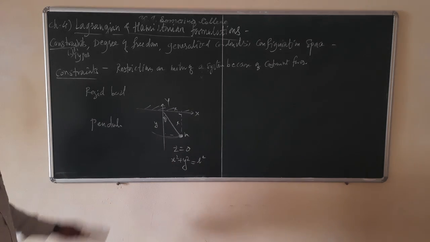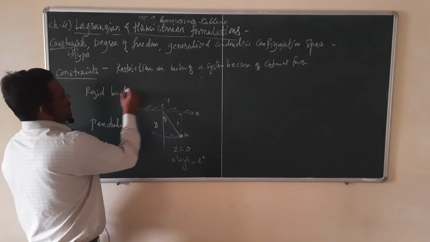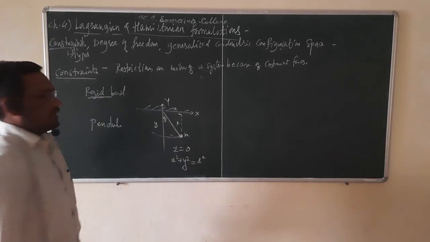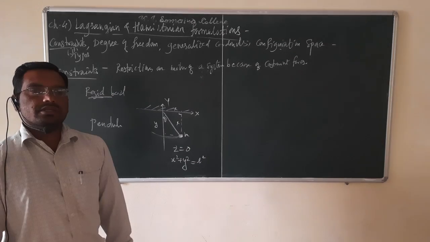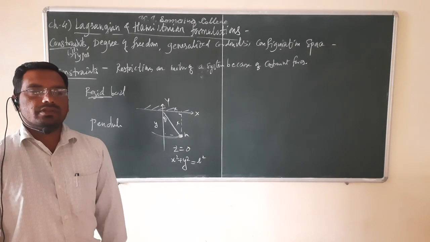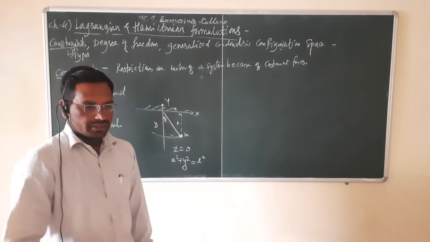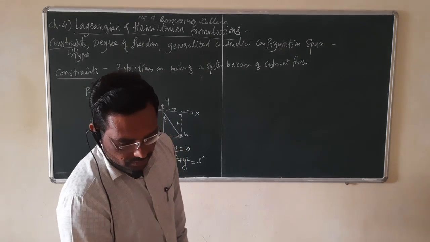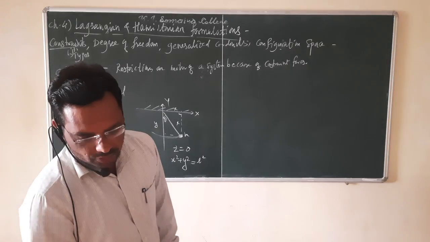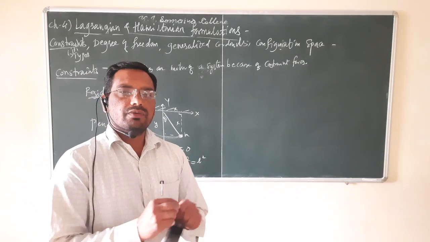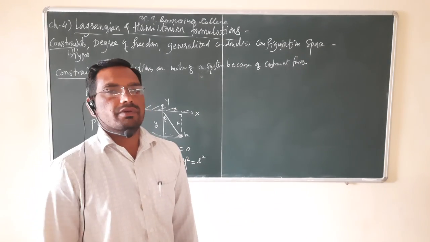Now for a rigid body, we know that the definition of a rigid body is that the distance between 2 points on the rigid body always remains constant, whatever the force we apply. So for any force, the distance between 2 points is always constant.